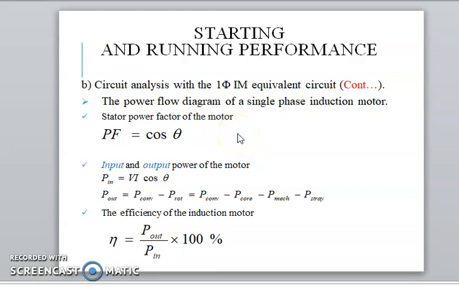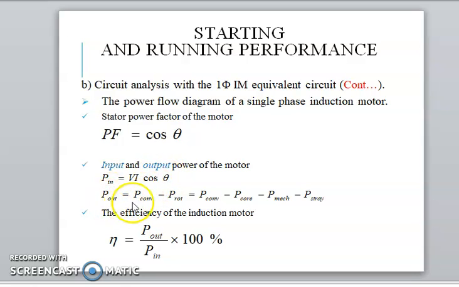Okay, to further analyze the circuit in terms of power factor, this is the same. Power factor is equal to cos theta of the voltage versus current that flows into the circuit. For the input power, we have only one phase, so P in is equal to terminal voltage times input current times cos theta of your system.